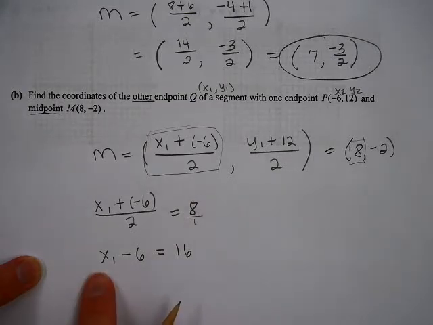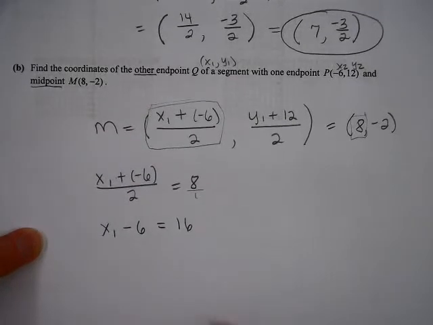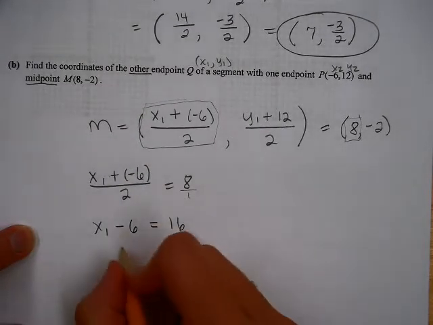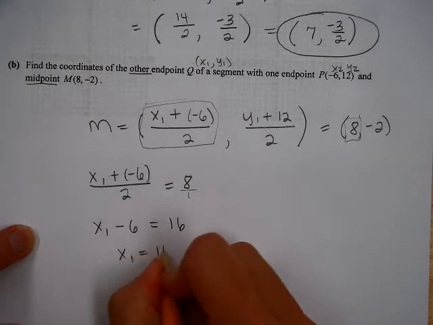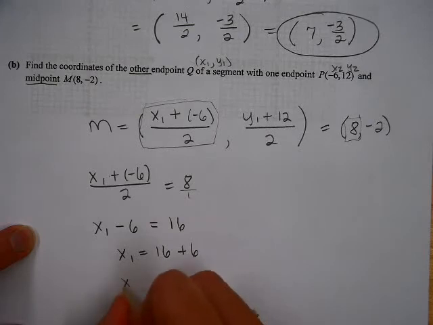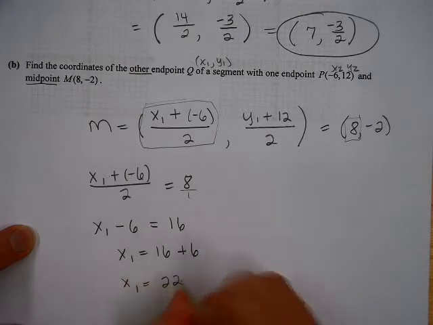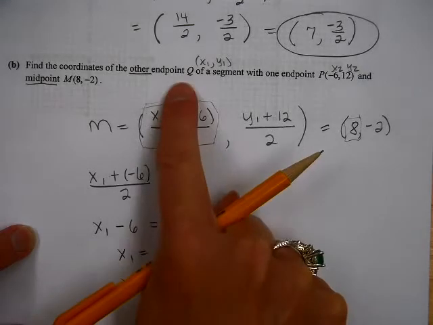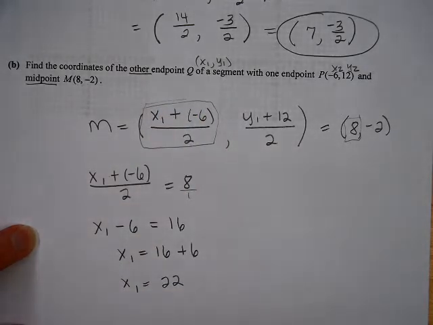Now to solve for x1, all I need to do is move my 6 to the other side. Remember, anytime we move it to the other side, we need to change the sign. So this is going to be x1 equals 16 plus 6. So x1 equals 22. So I have the x value of my point Q that I'm trying to find.